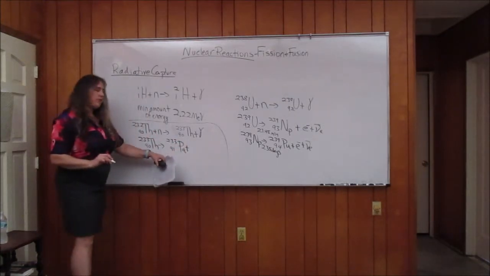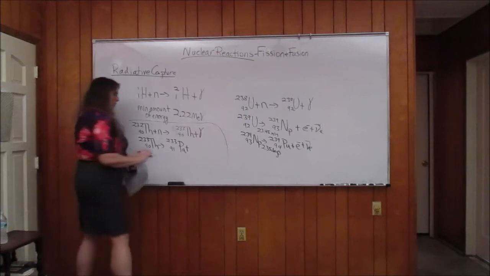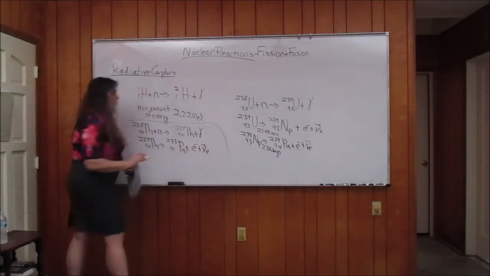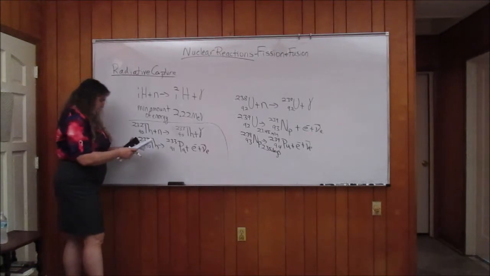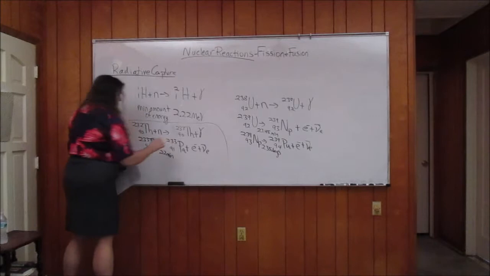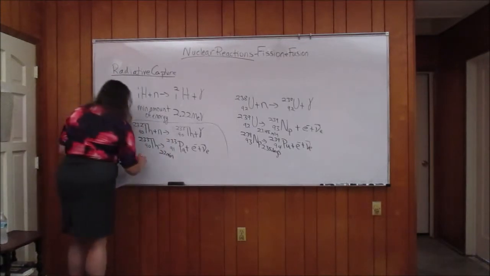And the daughter nucleus of that decay will be protactinium-233, and of course an electron and an antineutrino. And that process only takes 22 minutes. Protactinium-233 is also a beta emitter.